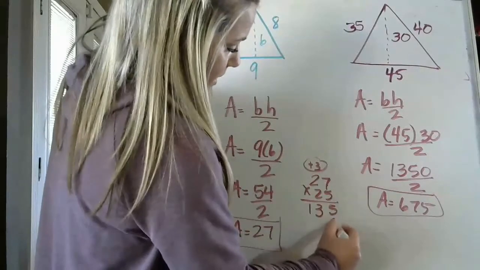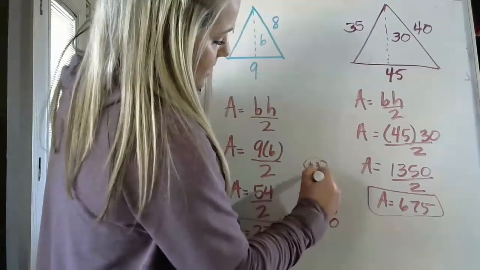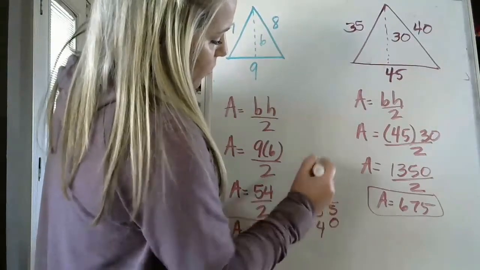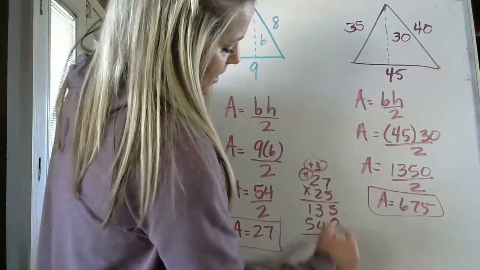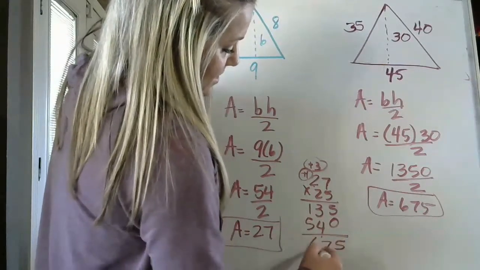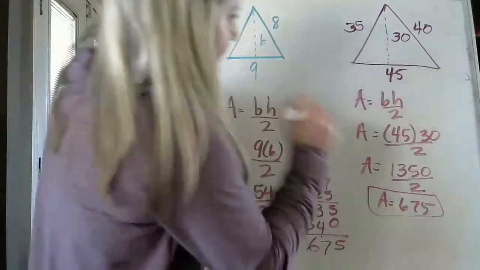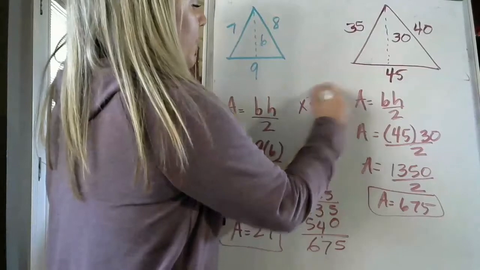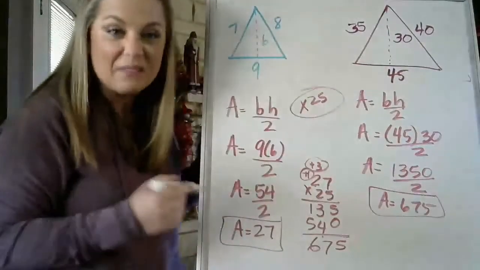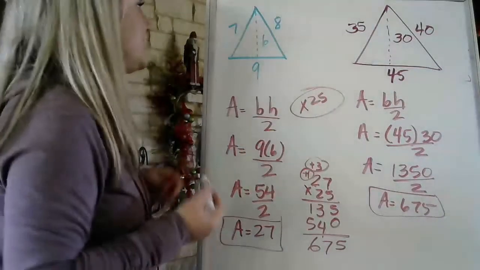We already know this. We've done it. 7 times 2 is 14. The 4 can stay. The 1 got to go. 2 times 2 is 4. And 4 plus 1 is 5. Let's see. 5, 7, 6. Oh, wow. It is. The area of this is times 25. It's 25 times larger. I mean, that took a long time to find that.